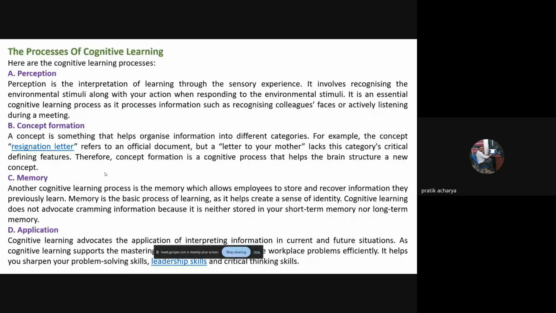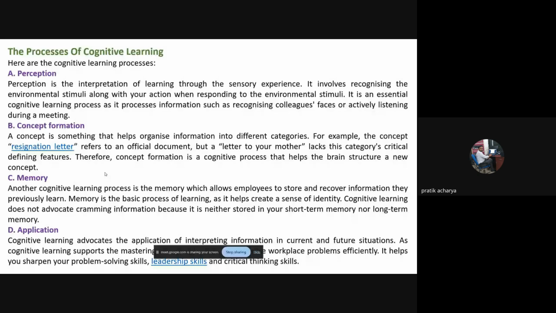So these are the processes of cognitive learning. What are the processes particularly? From the very beginning I have explained that cognitive learning means the brain's interpretation, how we interpret the action or the stimuli provided to us, how the organism is interpreting the external, natural stimuli. The first process of cognitive learning is perception. Already we have discussed in the previous class what perception is.